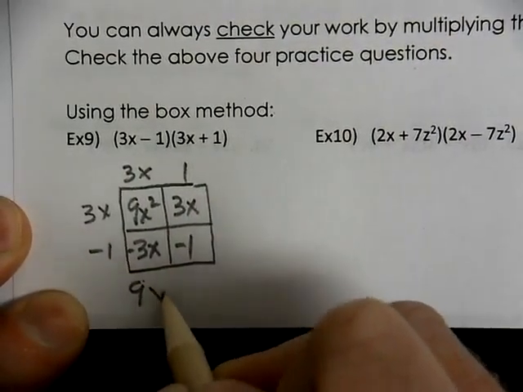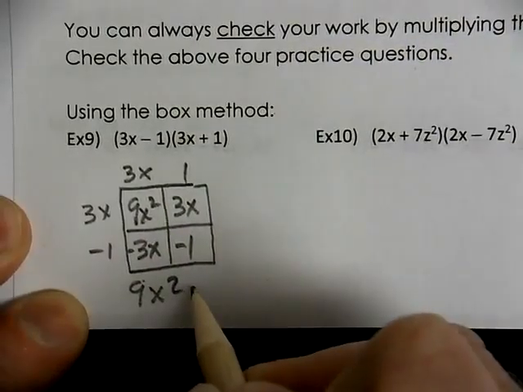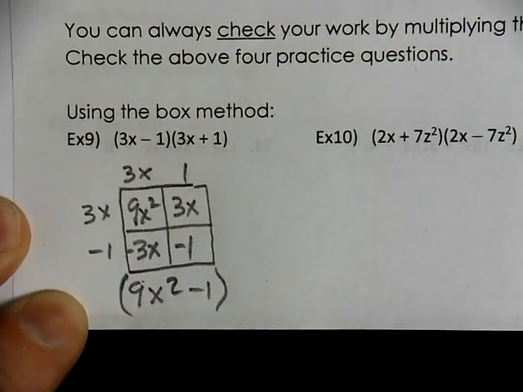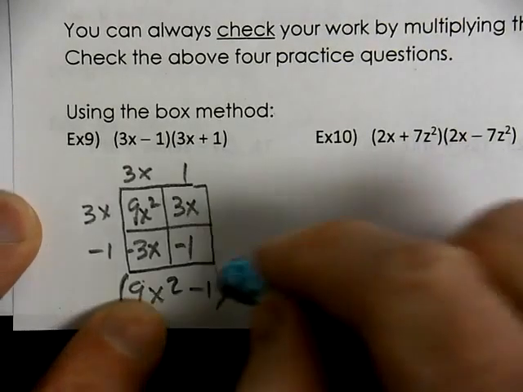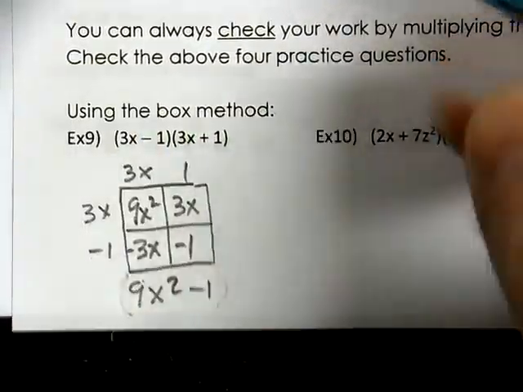So you have a 9x squared. Your 2 middle terms make 0, negative 1. Probably wouldn't use parentheses around your final answer.